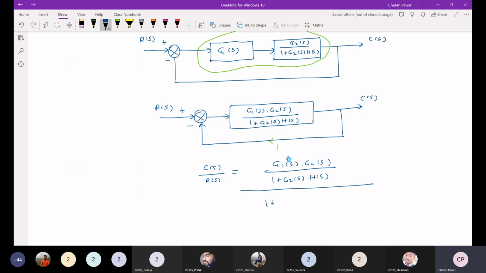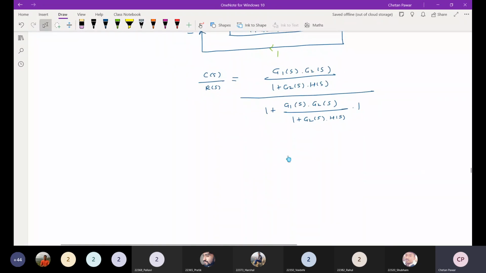Upon 1 plus forward path gain into feedback path gain, 1 plus G2 of S, H of S into 1. And when I simplify this, that will become G1 of S into G2 of S upon 1 plus G2 of S into H of S plus G1 of S into G2 of S, right? So this is my final block.